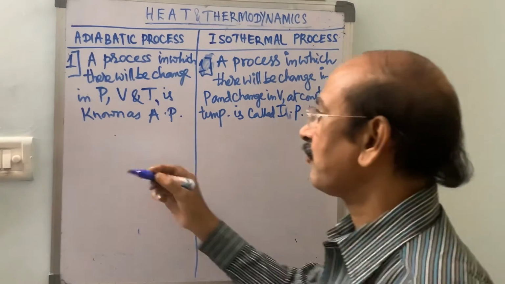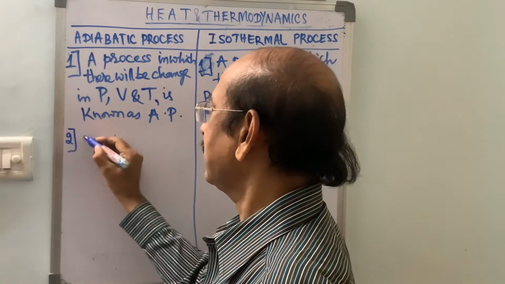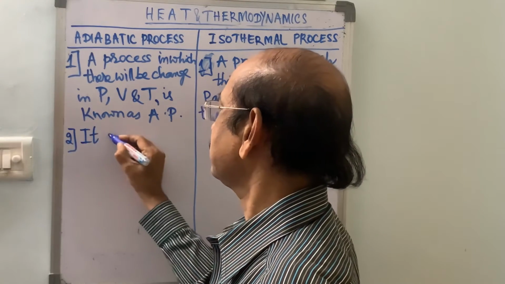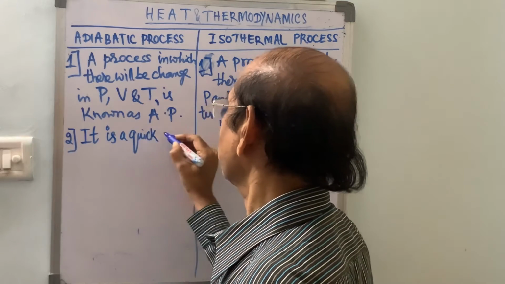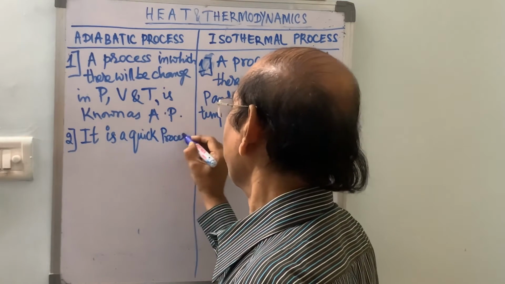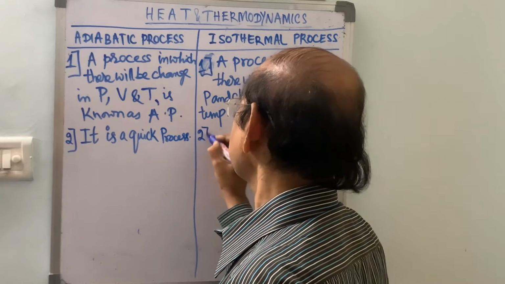And the second point: adiabatic is a quick process, isothermal is a slow process.